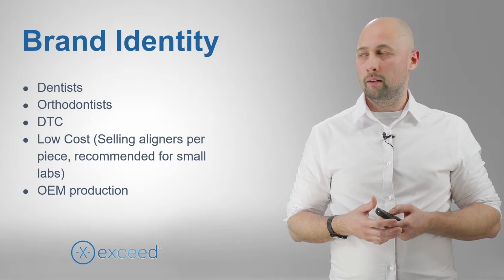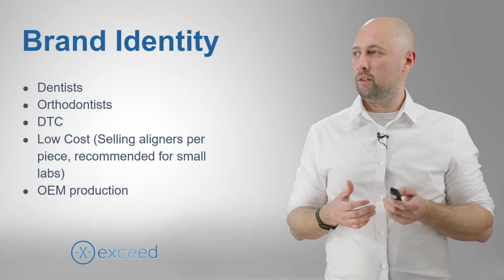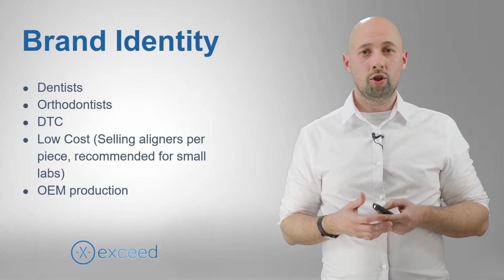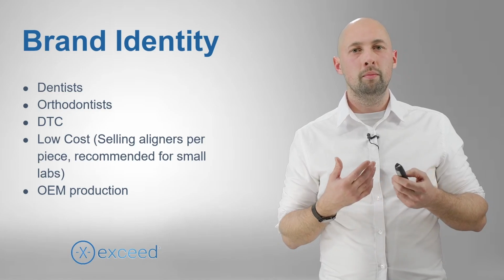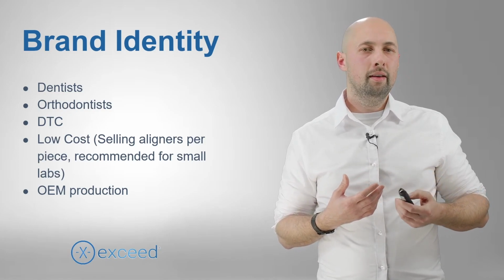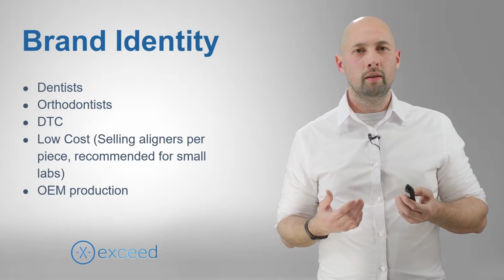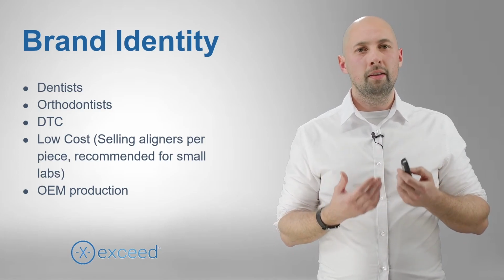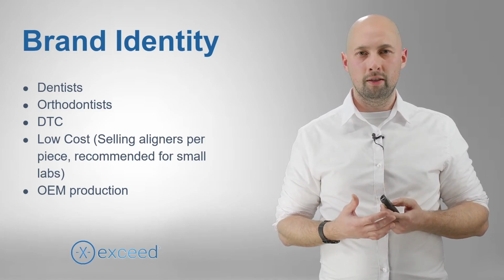And of course, if you have a D2C brand, the message is completely different. You will be speaking more about the smile, aesthetic presence, better life. So it's just a completely different crowd and a completely different message.